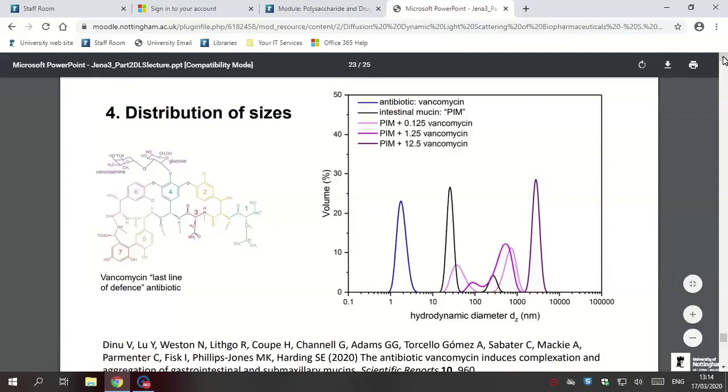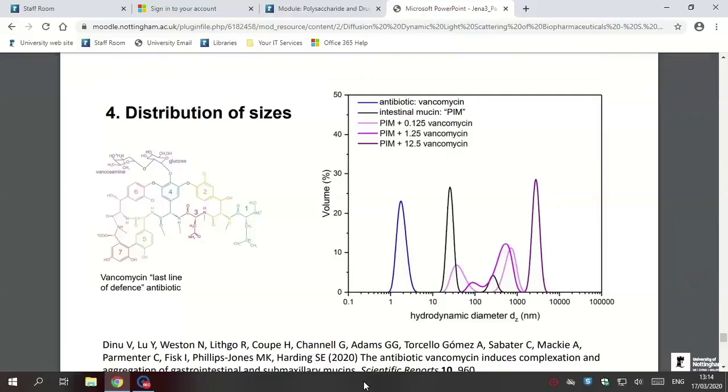So we wondered what we could get Hayley to do, and I had this idea, let's just look at how vancomycin behaves in the presence of mucin, because vancomycin is applied intravenously. It's also applied orally, depending on the type of infection that was being tackled. And there was this curiosity as to what this molecule did in the presence of mucus.